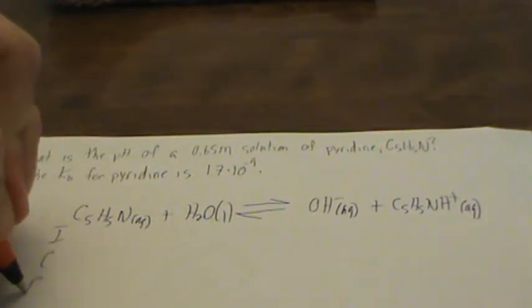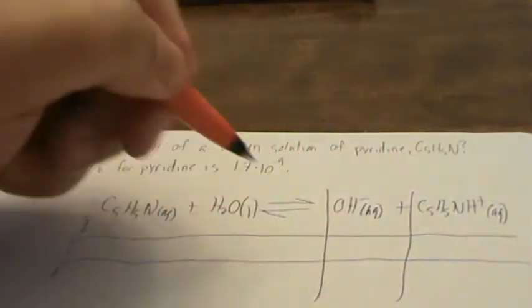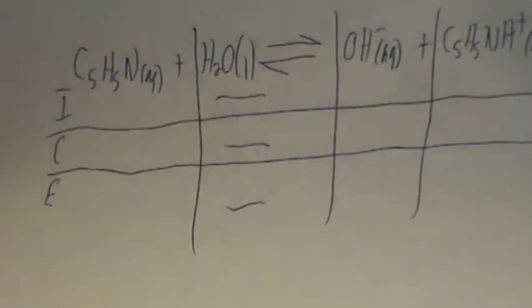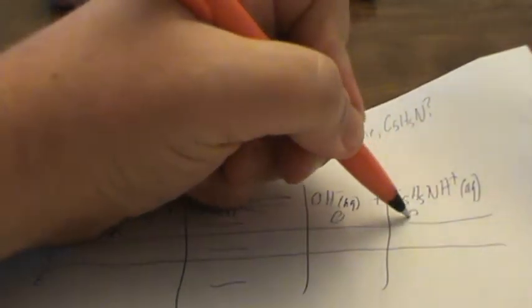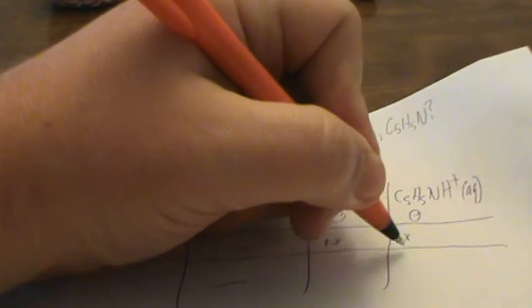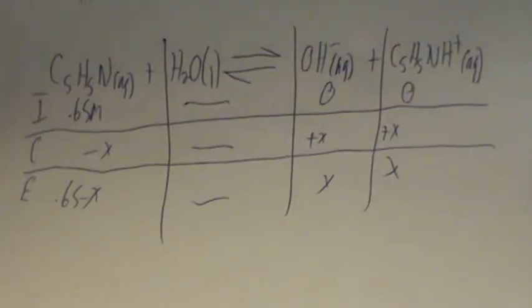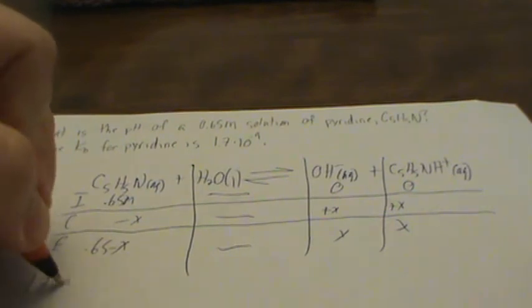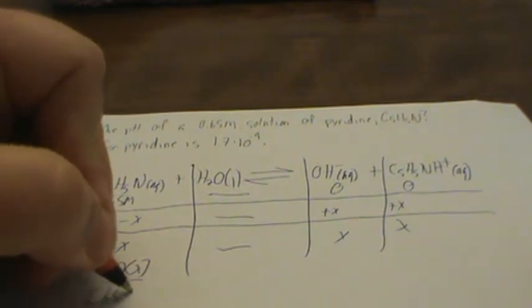Then we're going to set up our ICE table once again. Since water is a liquid, we can negate it out because at equilibrium, liquids and solids have concentrations that don't change much, so we don't have to worry about them. 0.65 molar, 0, 0, plus x, x, minus x, 0.65 minus x. So here's our ICE table. 1.7 times 10 to the negative ninth is equal to x times x over 0.65 minus x.